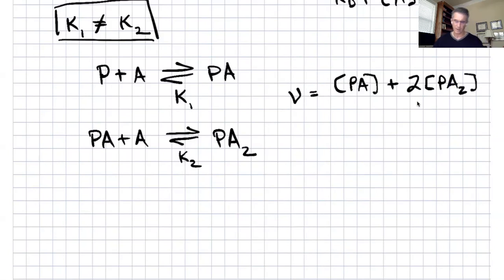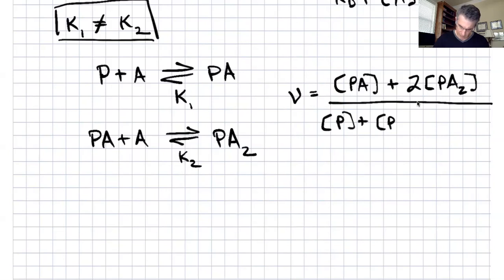There's 2 A's bound. Where'd the 2 come from? That makes sense, right? PA sub 2, gotta multiply by 2. Okay. Divided by the concentration of unbound P plus the concentration of PA plus the concentration of PA sub 2, all the species of bound and unbound P in solution. All right, so that defines our degree of binding.